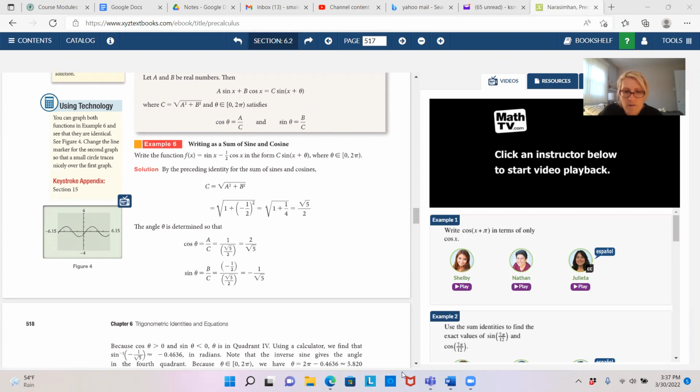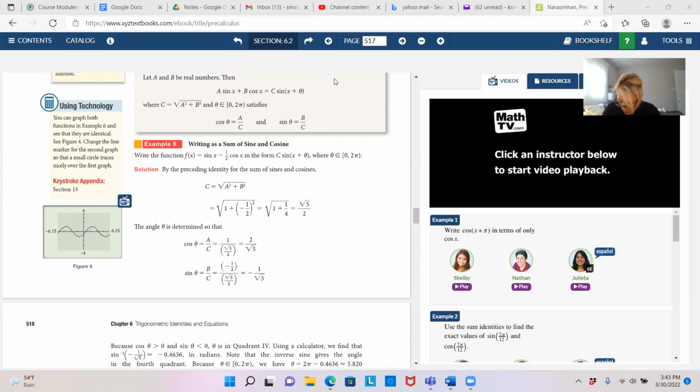So we're using this piece right here. Okay, so when we look at this, A is the coefficient on sine of x, B is the coefficient on cosine of x, and that is equal to C times the single function of sine, the sum identity. And that's where the cosine of the angle, the theta that we're coming up with, is the ratio of A to C, and the sine of that same angle is the ratio of B to C.